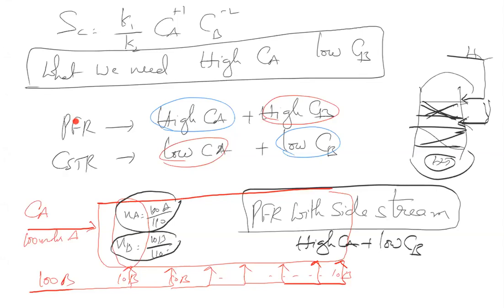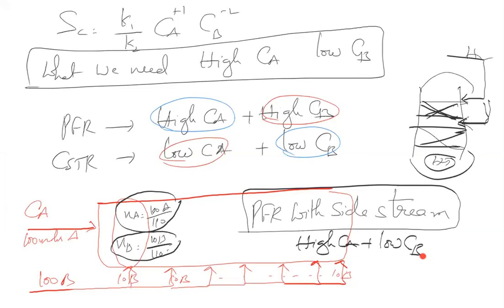Take 100 moles of A and 100 moles of B. If I inject both together, the mole fraction of A is 50% and of B is 50%. Instead, take 100 moles of A and inject B as a side stream. Then the mole fraction of A is almost 90% and of B almost 10%. So you get high concentration of A and low concentration of B. Clear?